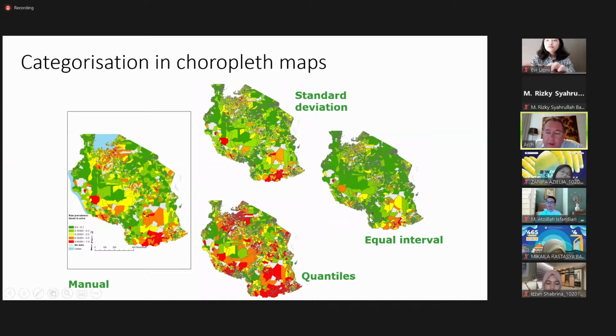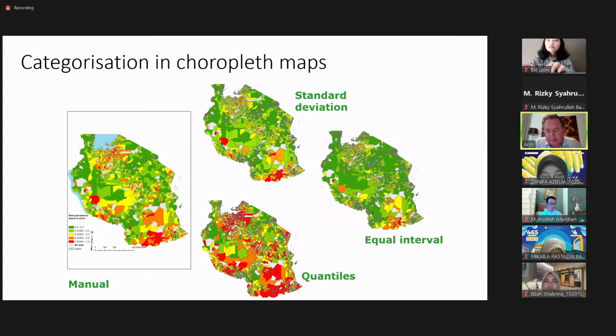And then you've got another type of statistical categorization called equal intervals, where you take the maximum value, the minimum value, and then you divide that by the number of classes. So you work out the range, you divide that by the number of classes, and so each one of the categories has exactly the same range within it. So in other words, there are equal intervals, and you can see again that emphasizes different parts of the distribution.